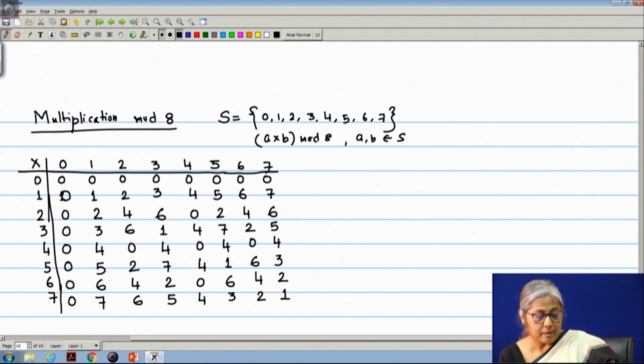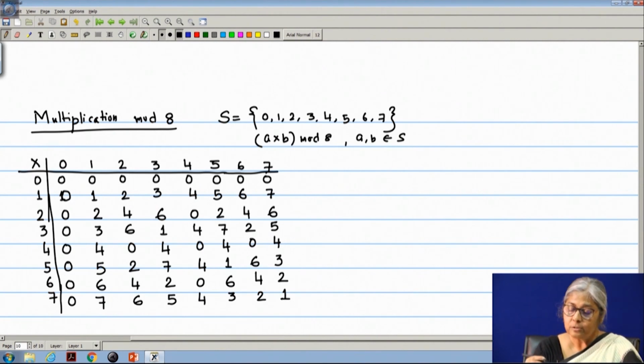Now we see what will be my multiplicative identity. If I consider 1, then 0 into 1 is 0, 1 into 1 is 1, 2 into 1 is 2.